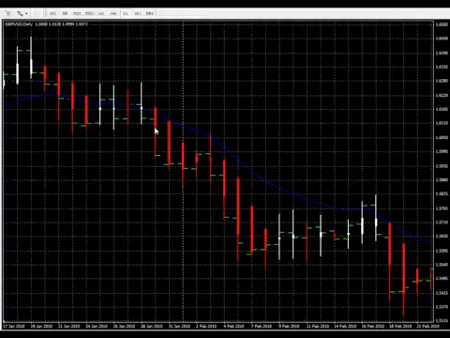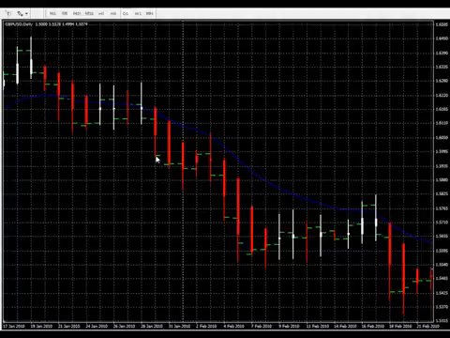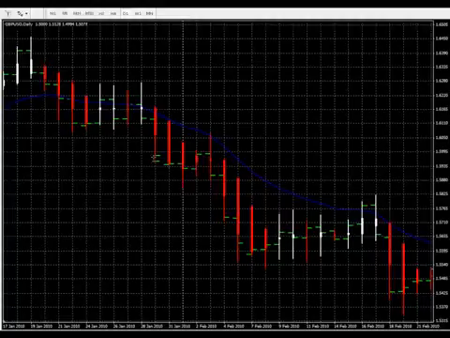We now look for our entry point. We look at the first red bar, and the price dropped through and closed below the EMA 14, and it did. And at that point, we then wait for the second bar, and we need the price to fall below the low point of this bar, and that's going to be our entry point. So just putting that on the chart, we would have entered this trade right about here. And when we entered that trade, we would have used a stop loss.